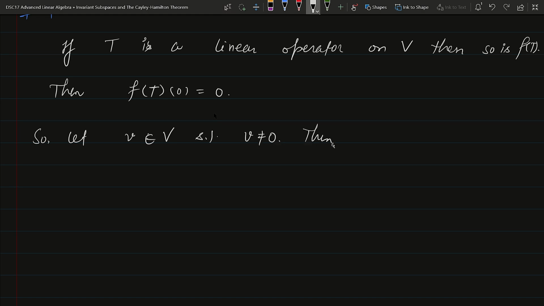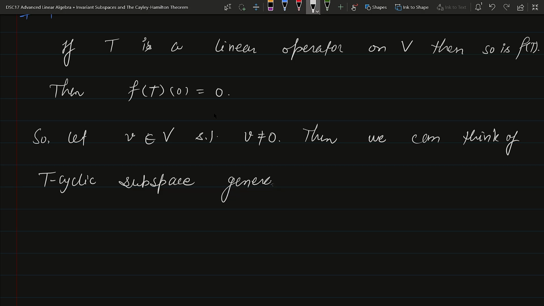Then we can think of T cyclic subspace generated by this v.